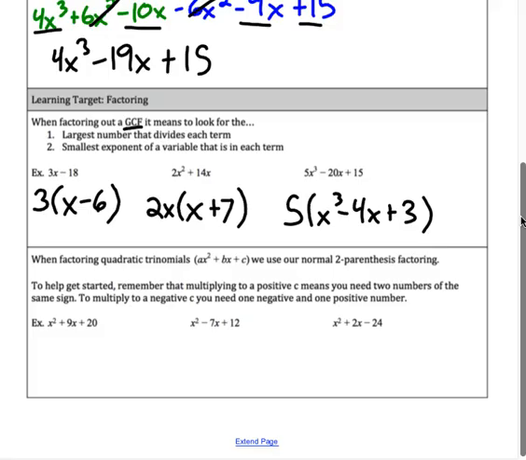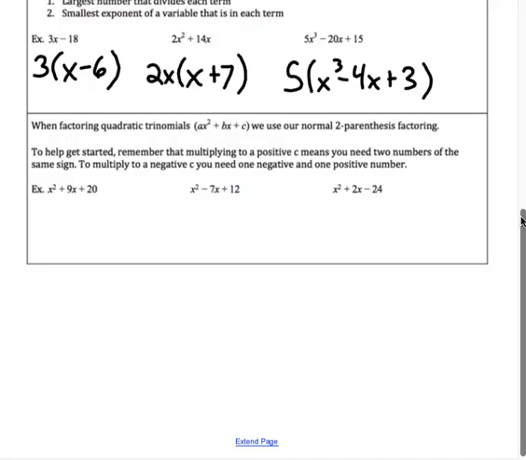Well then, we dove into that two parenthesis factoring. When we have a quadratic trinomial, we use two parenthesis factoring. I remember when we got started at this idea, we kept it very, very easy, right? We left it where that x squared was literally just there. Because remember, it's always easier when that first term is 1, right?